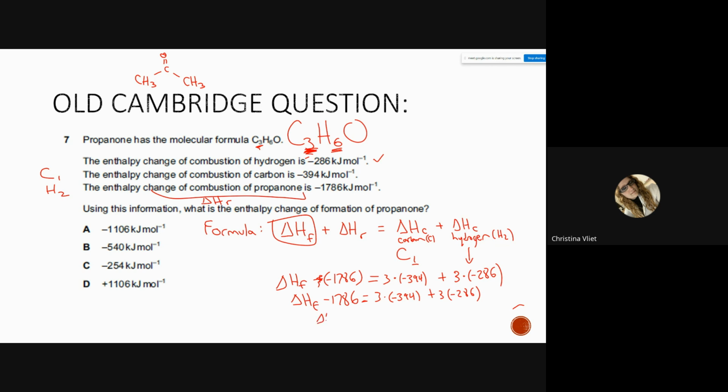I got delta HF minus 1786 equals negative 2040. I put all this together, and I got positive 1786 inside. And this gave me negative 256, or negative 254, as a response.